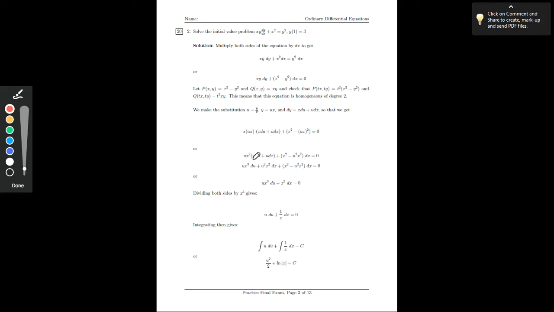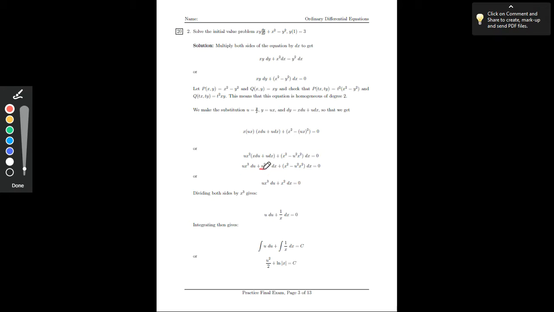Therefore, ux squared times x du plus u dx plus x squared minus u squared dx equals 0. So ux cubed du plus u squared x squared dx plus x squared minus u squared x squared dx is 0.